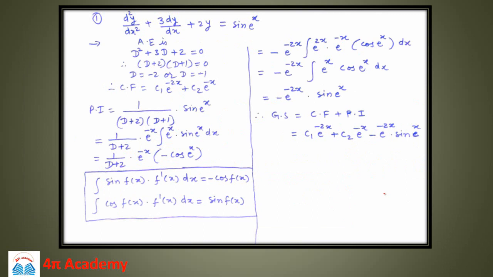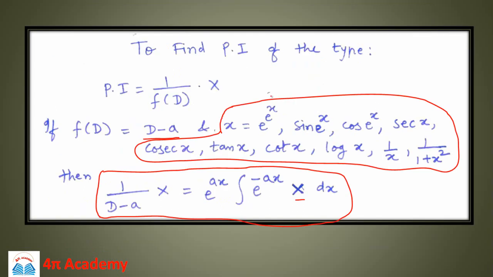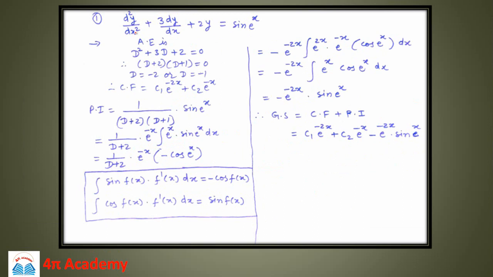Now let us take one problem, and from that problem you will have a clear understanding of what we have discussed in this first slide, how to find the particular integral. We are given the differential equation d2y by dx square plus 3 dy by dx plus 2y equal to sine e raised to power x.